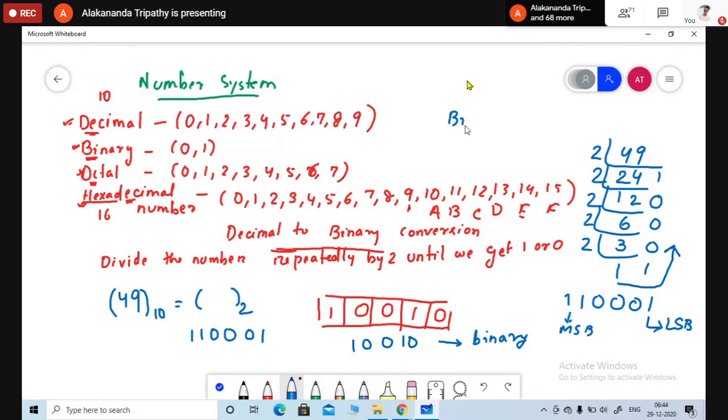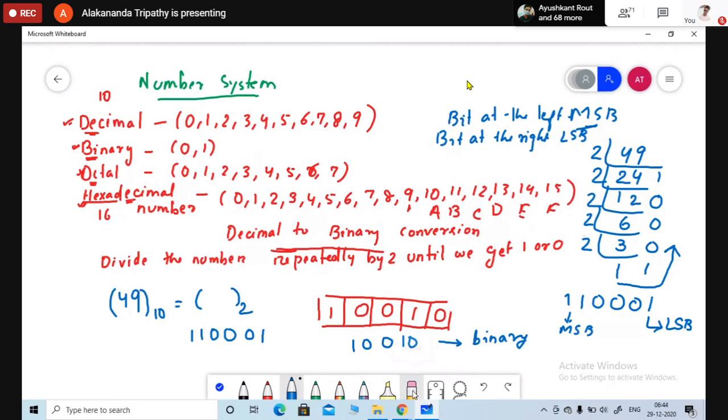The bit at the left is known as your MSB, most significant bit, and the bit at the right is known as your least significant bit. Because we are going to use MSB in the next topic. All of you clear with this point?